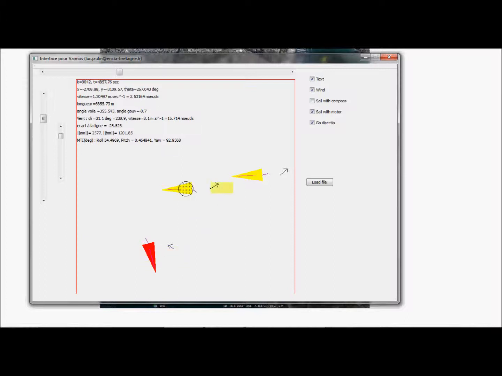In fact, the wind comes from this direction, it is a good wind, but here it measures a wind in the wrong direction. So thanks to the inertial central, we can of course use this in order to filter this bad wind direction.